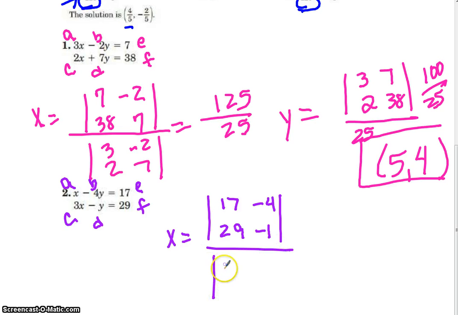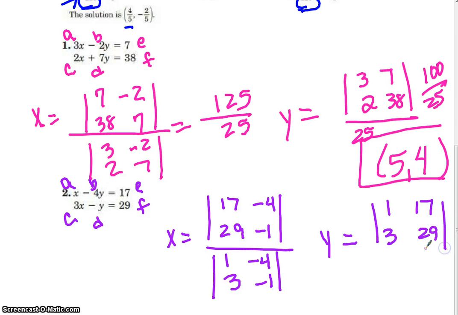Over A, B, C, D, so that would be a 1, negative 4, 3, negative 1. For y on the top, you're going to have AECF. So that's going to be 1, 17, 3, 29 over whatever we get on the bottom of that one.